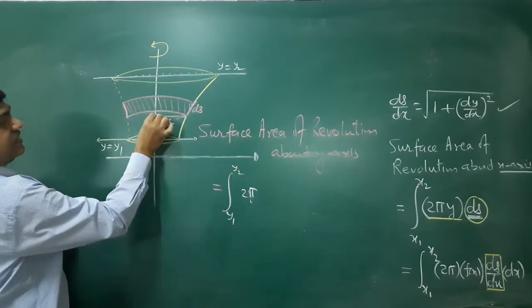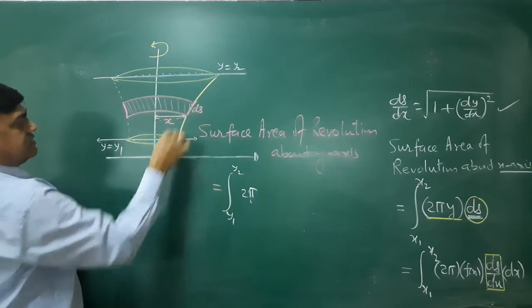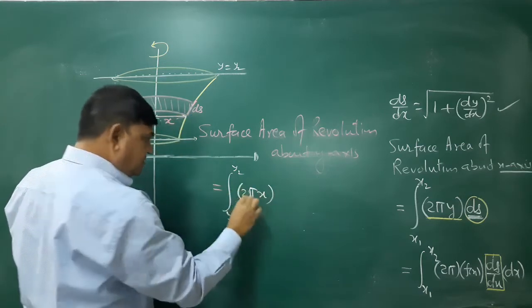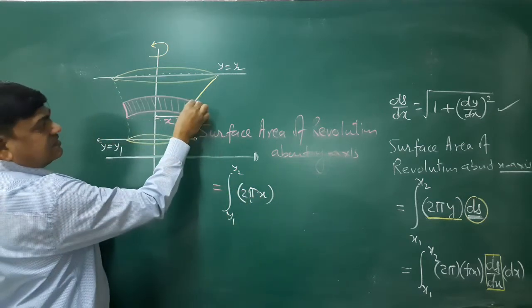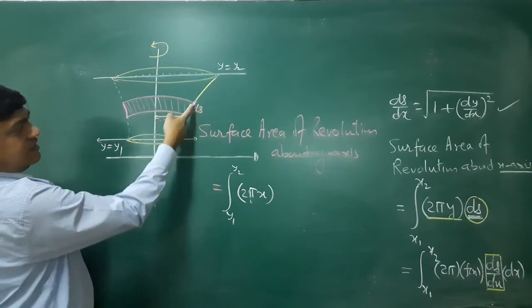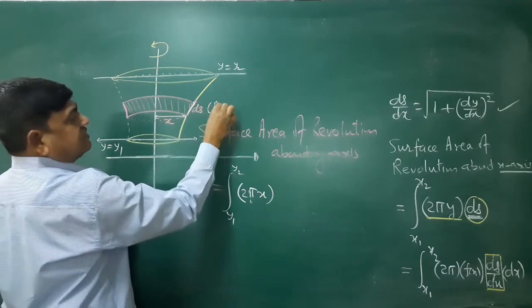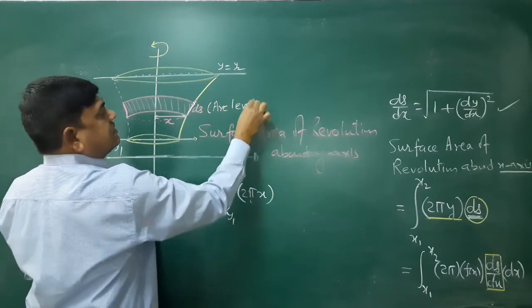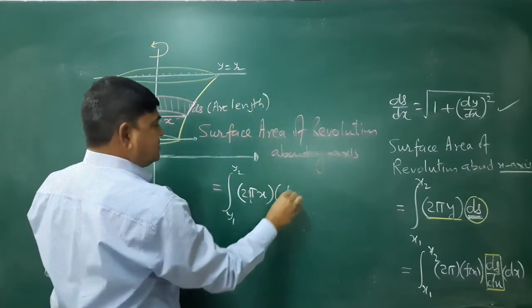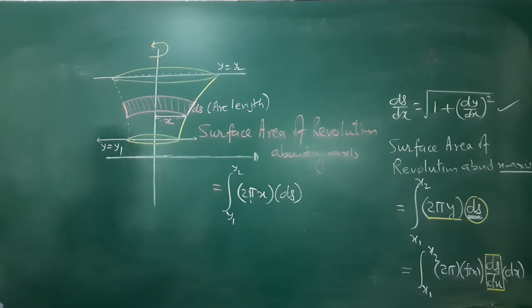What is the radius? The radius is x. And this length is the arc length, ds.